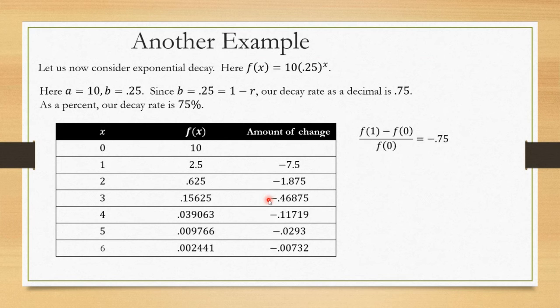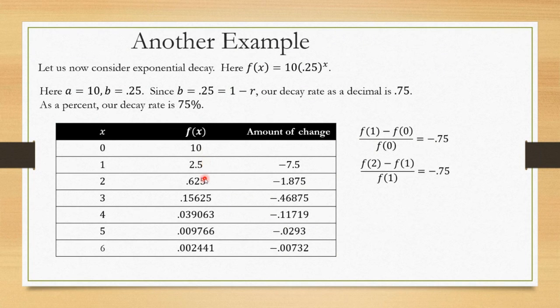What is constant is something like this. What this is saying is the relative change between f of 0 and f of 1 is negative 0.75. As a percentage, the function value is decreasing by 75%. So you're taking 10 and subtracting off 75% of that to get f of 1.